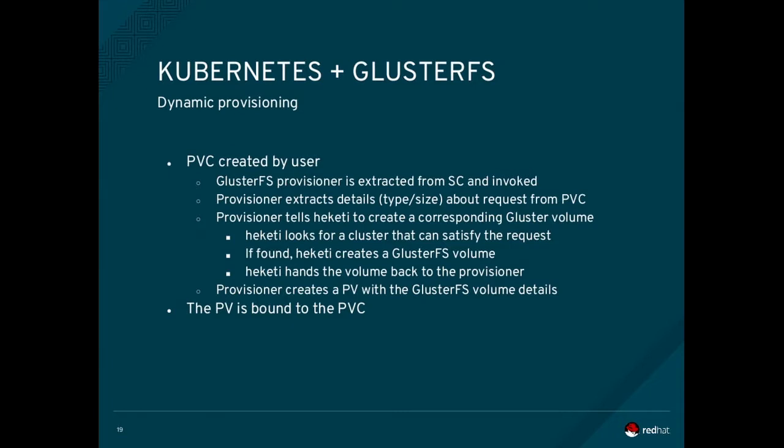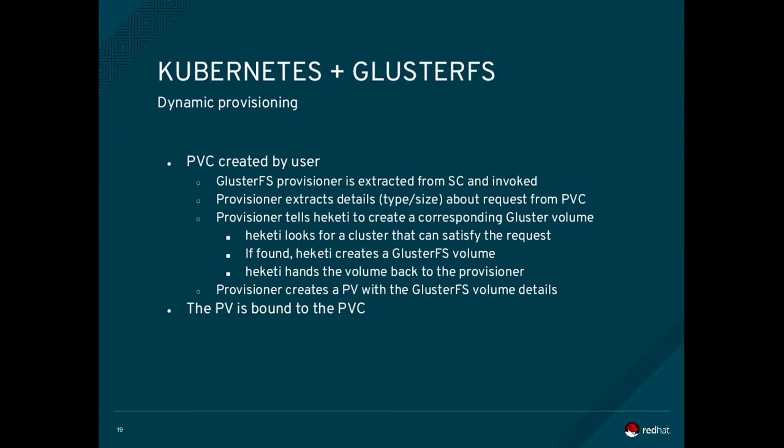Alrighty. Now, GlusterFS dynamic provisioning in Kubernetes. As mentioned earlier, a user or developer creates a PVC. The storage class created by the administrator mentions the GlusterFS provisioner. That provisioner is extracted and invoked by Kubernetes. The provisioner then reads the data from the PVC to get the size and attributes of the volume that it should create.